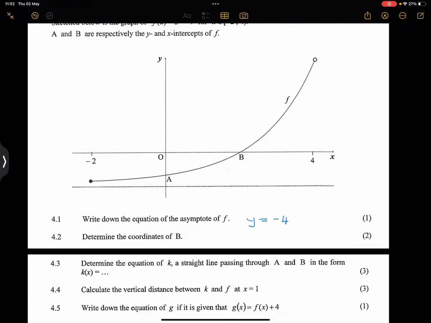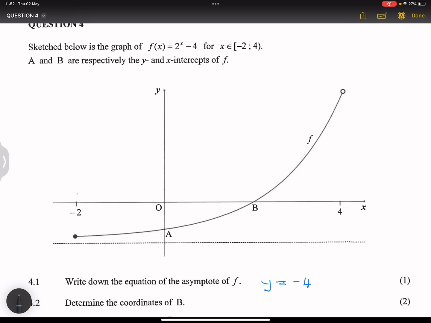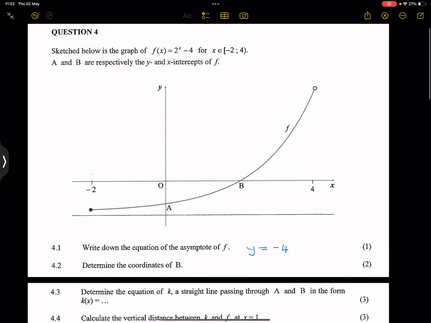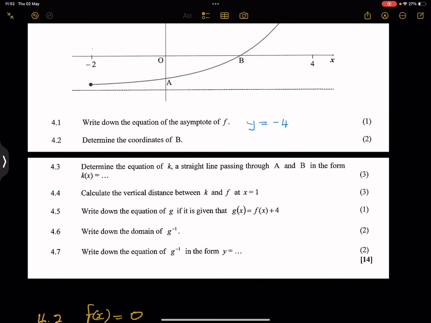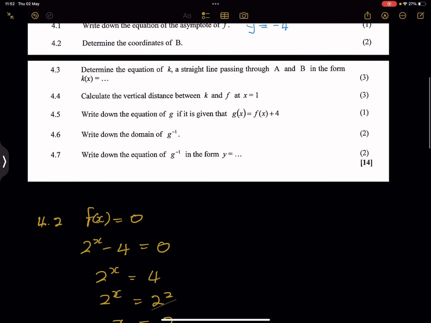If we took it from 2 all the way till 4, I don't know if they want us to still use the same restrictions that they have given.